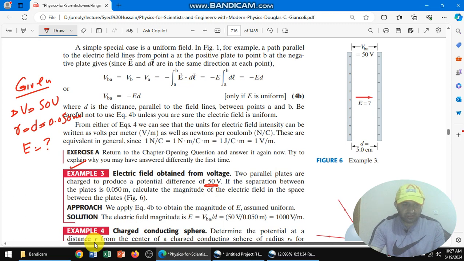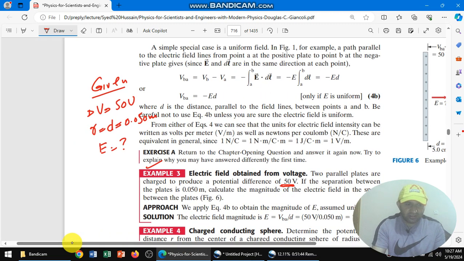So we use this formula, as we know that the electric potential difference ΔV is equal to minus ED, but we only need the magnitude, so we ignore the negative sign. So ΔV is equal to ED.